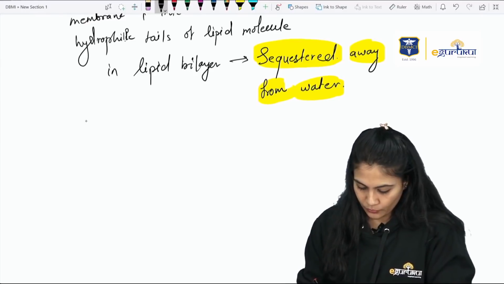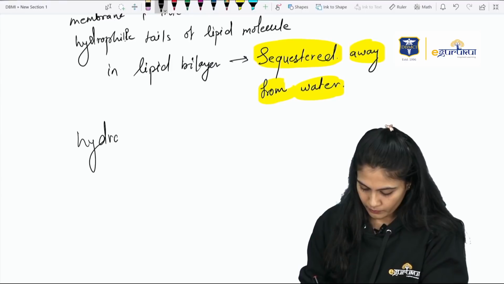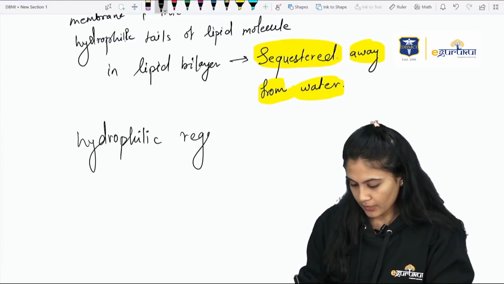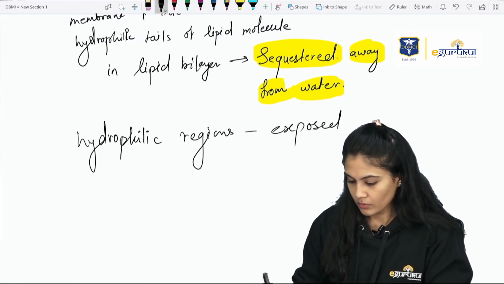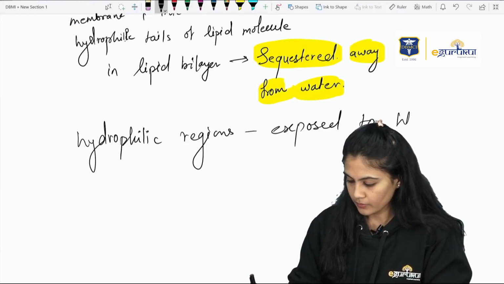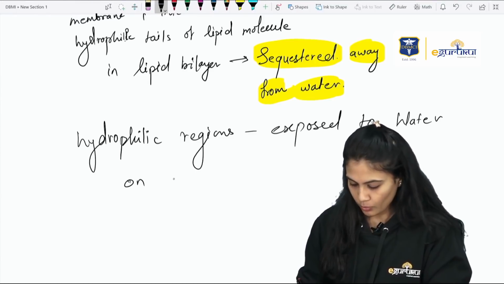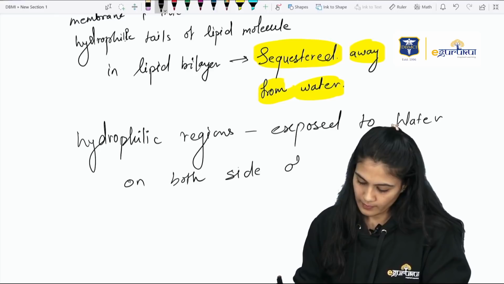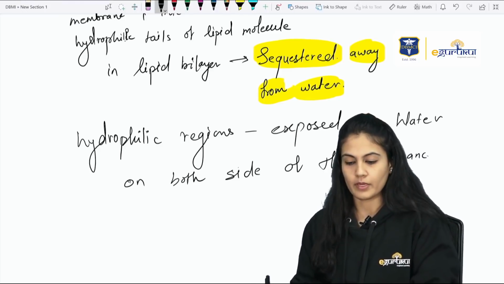While the hydrophilic regions, what will happen to them? They are exposed towards the water, on either side or both sides of the membrane, right.